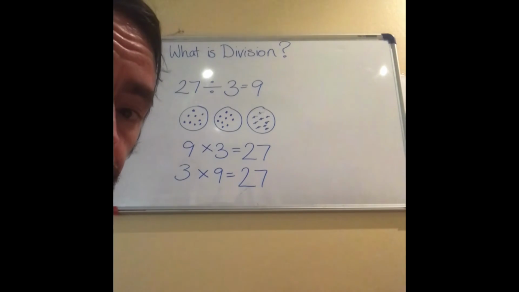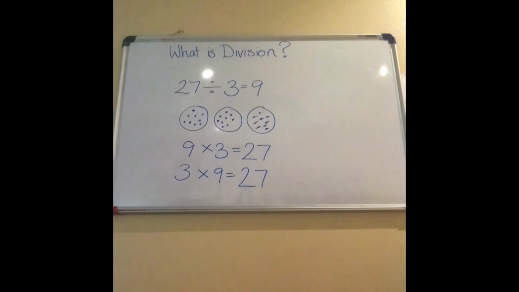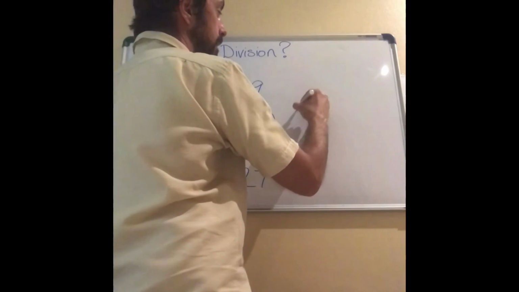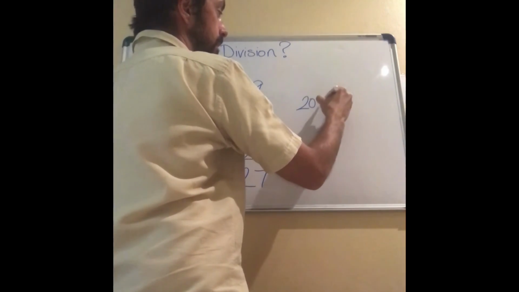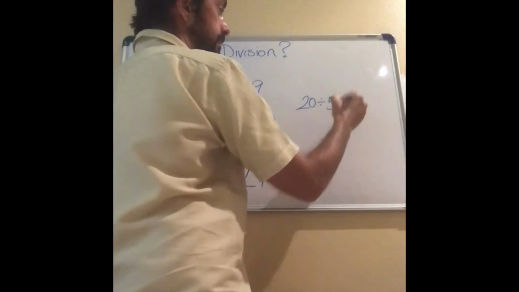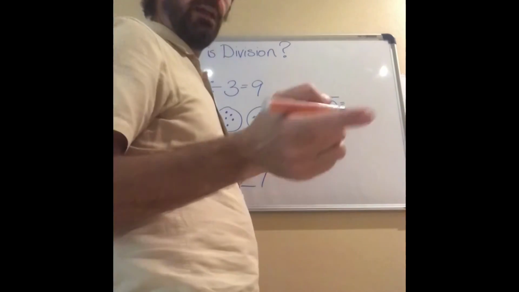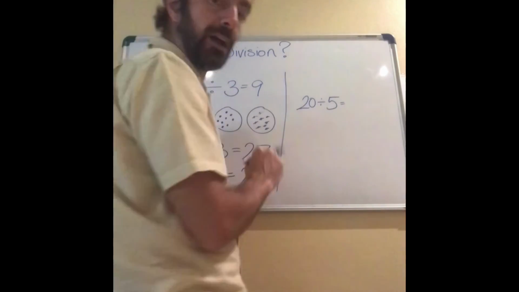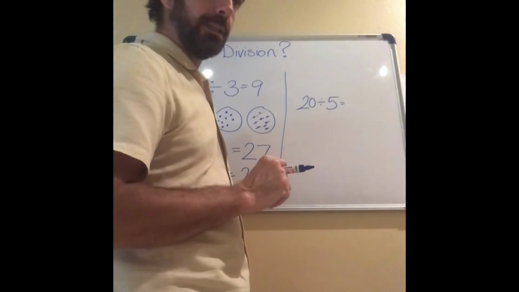And this can come in very handy when you have, for instance, a problem like this. 20 divided by 5 equals what? Now we could, again, draw out 5 groups and share 20.